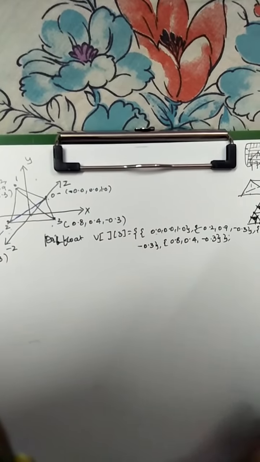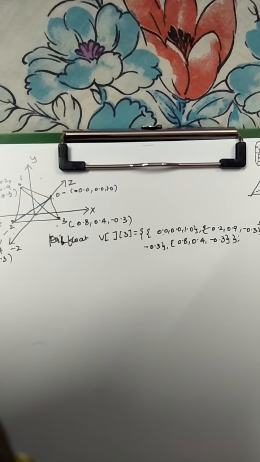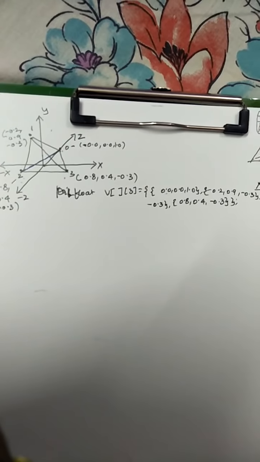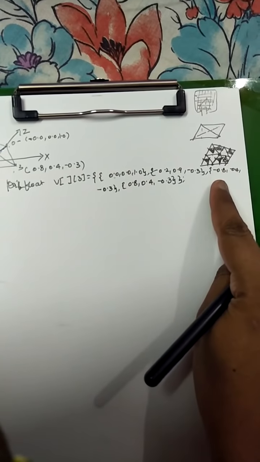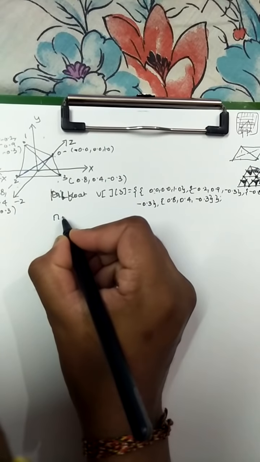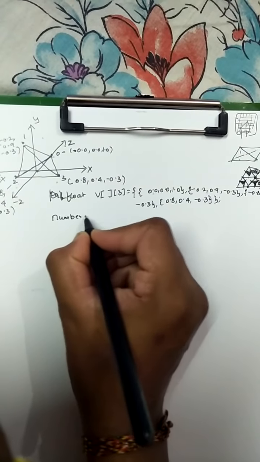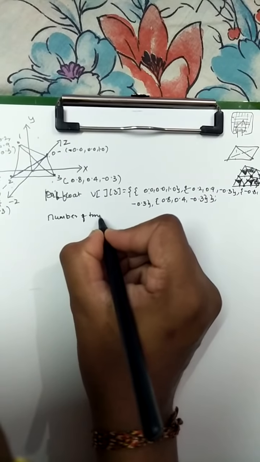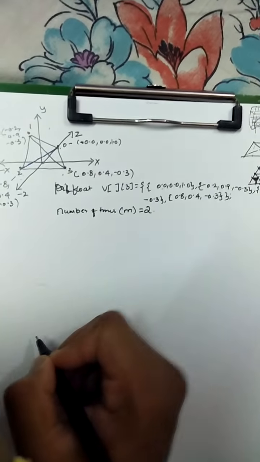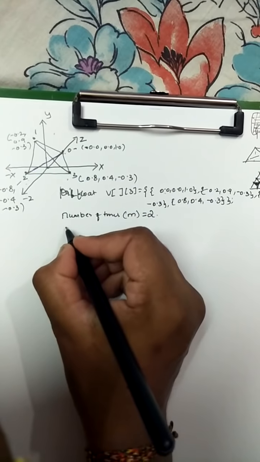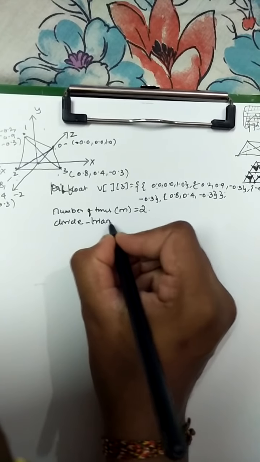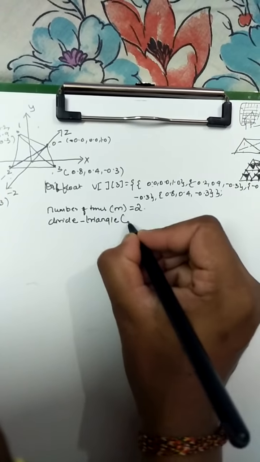So this is done. The next is I have to divide the triangle now. So how many times did I divide here? 2 times. Assume the number of times that I have to divide, let the variable be m. I'll take that as 2. So I'll call a function that divides my triangle, divide triangle.